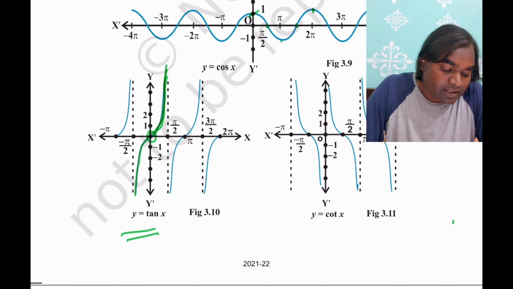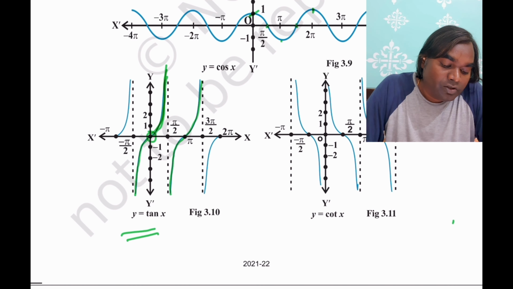So you can check that the variation for tan x is given by this type of curve, and when we move from pi by 2 to pi, the value increases from minus infinite to 0, and when we move from pi to 3 pi by 2, the value increases from 0 to infinite. So this type of variation is followed by tan x.